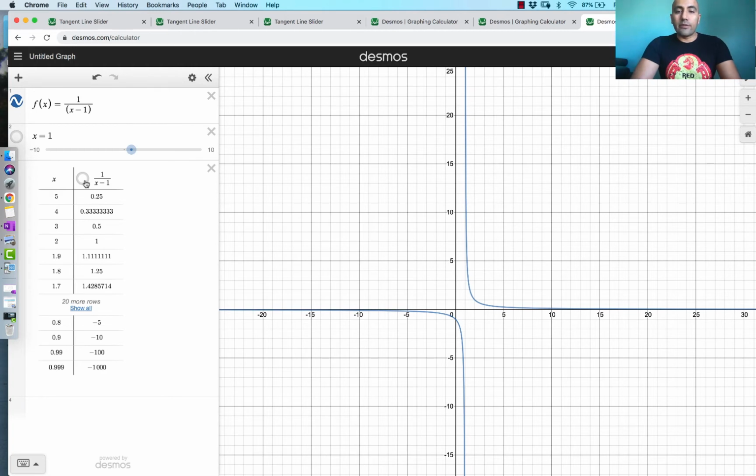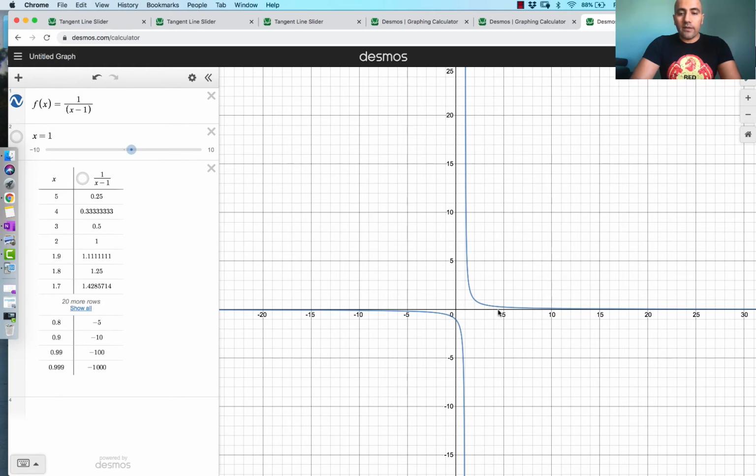That graph in blue is the graph of f of x equal to 1 over x minus 1, right? So this blue is like an infinite number of ordered pairs, all possible values of the input, and we see what happens to our graph. So right around 1, we have this behavior.